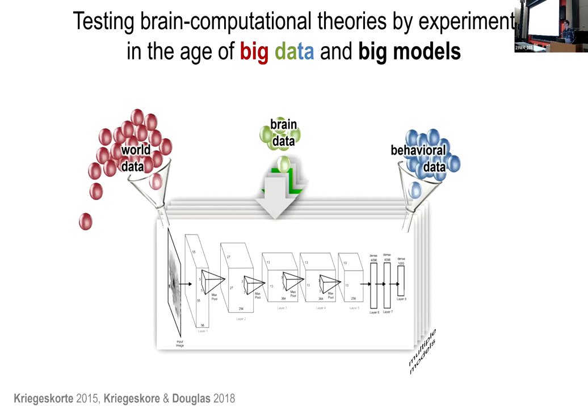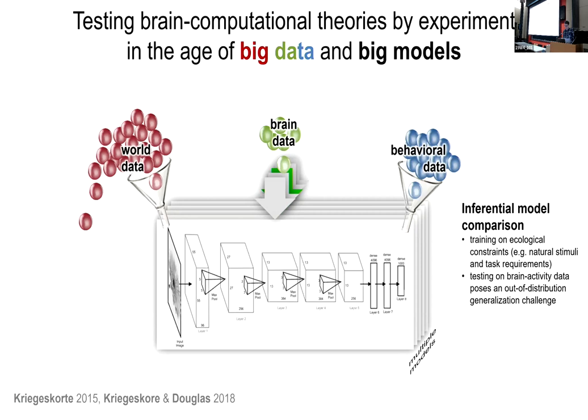They've never been fitted to brain activity data, but only ecologically trained. So in this framework, it's a framework of inferential model comparison where we're training on ecological constraints. The testing on brain activity data then poses an out of distribution generalization challenge, and this makes it inferentially a different kind of finding. And the models implement competing computational theories that differ in terms of their architecture and the objective that they've been trained on.